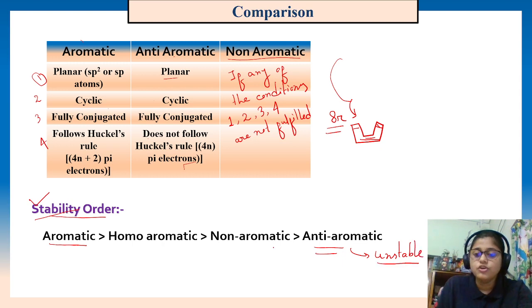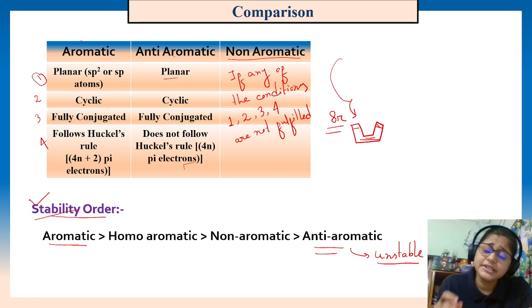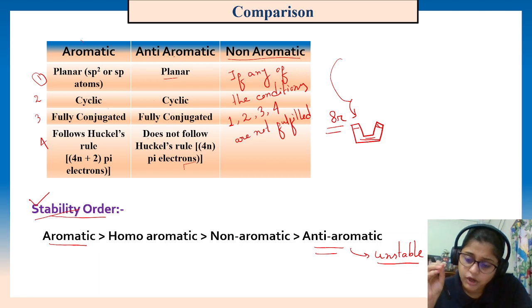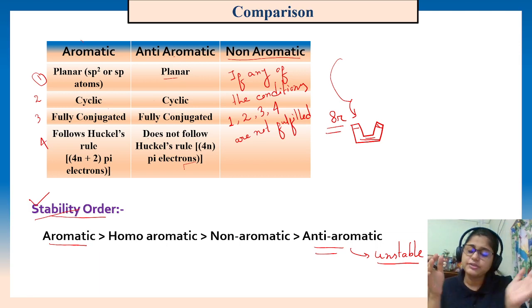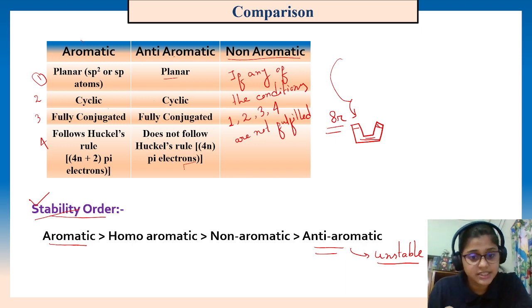Okay. So one thing is clear: aromatic will be more stable and anti-aromatic will be least stable. And in between these two, how can we actually recognize? In the case of homoaromatic, we have seen that one sp3 atom became non-planar, and the other sp2 atoms are in plane, and partial conjugation is there.